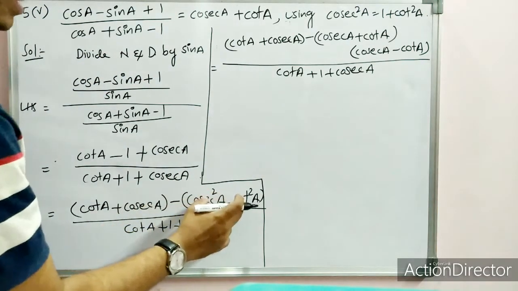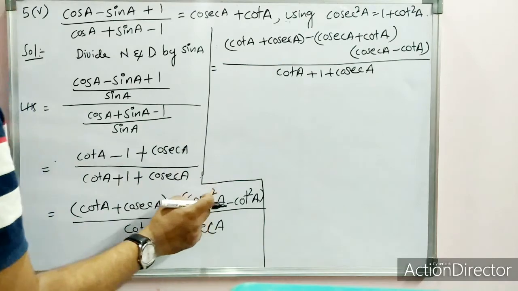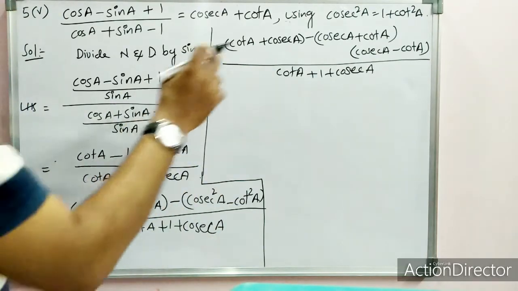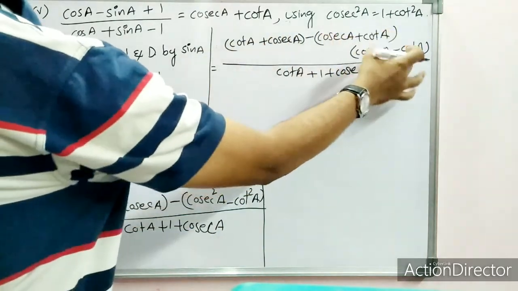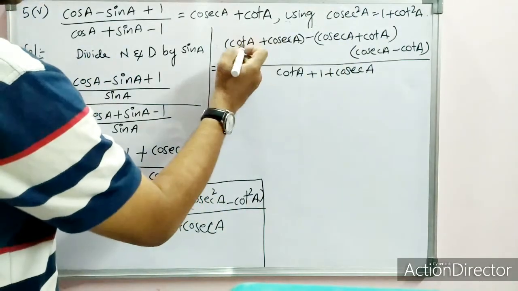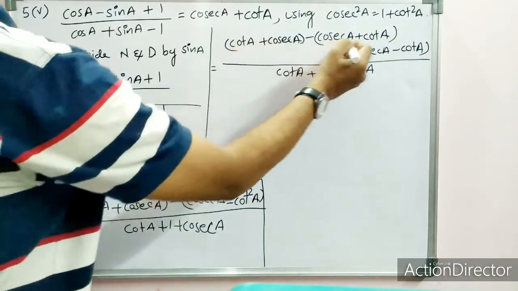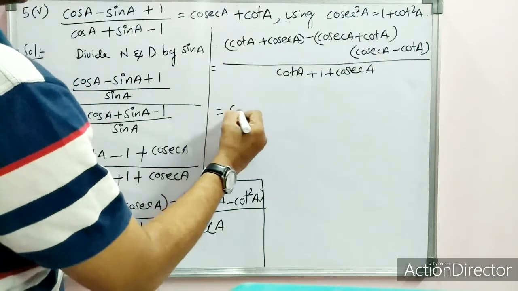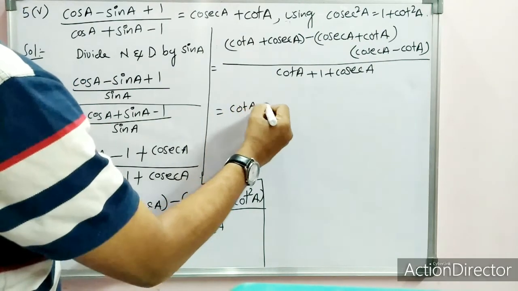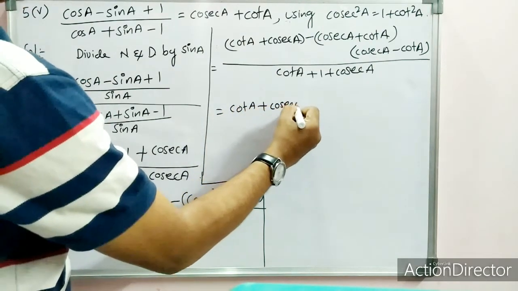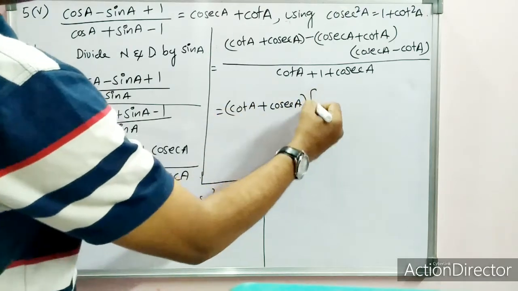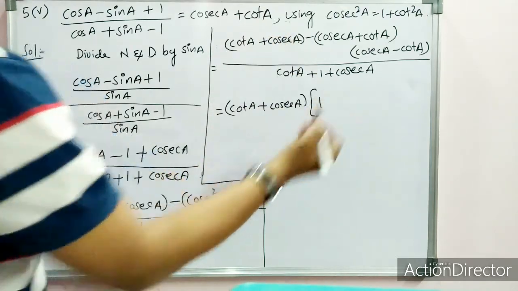I applied this value here, expanded with the A square minus B square formula. Now you see this is one term and these both have one term. Here this value is common, so I can take common cot A plus cosecant A. If I take common, this value will become 1.